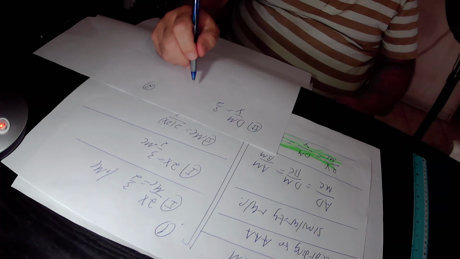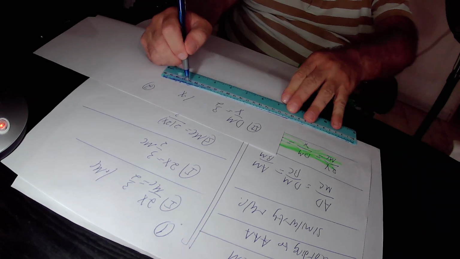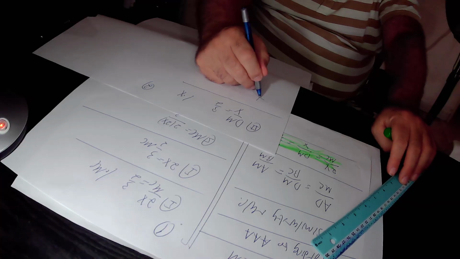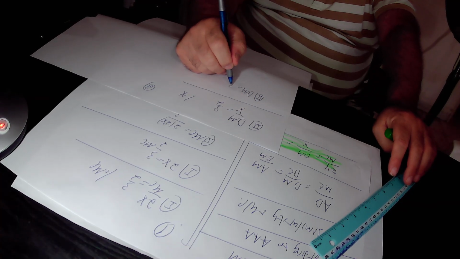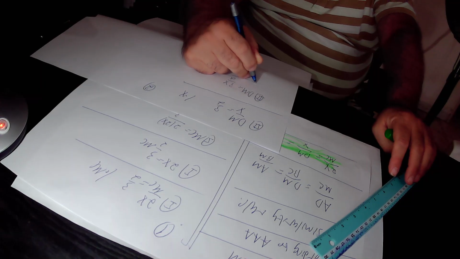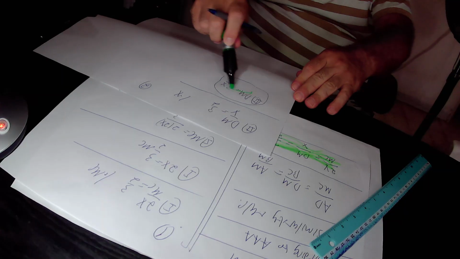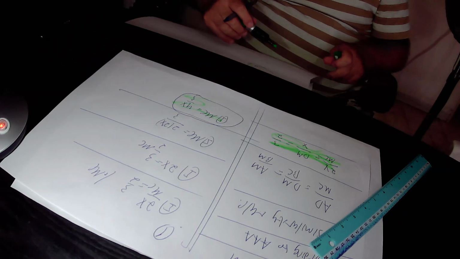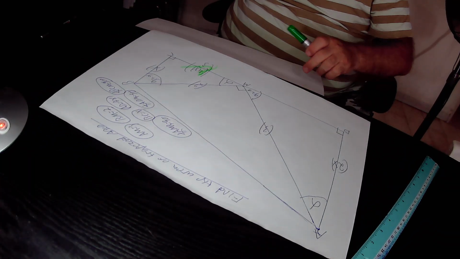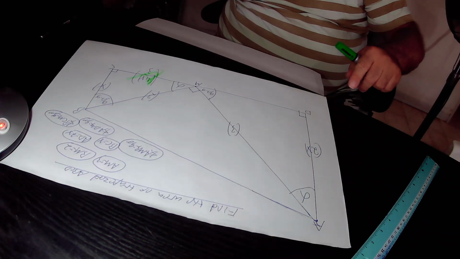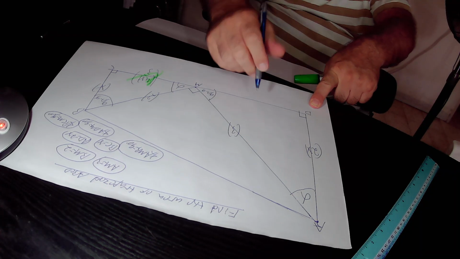Here we multiply equation 2 by x, and we get that DM equals 3x over 2 units in its length. So we found out that this side DM equals 3x over 2 units in its length.